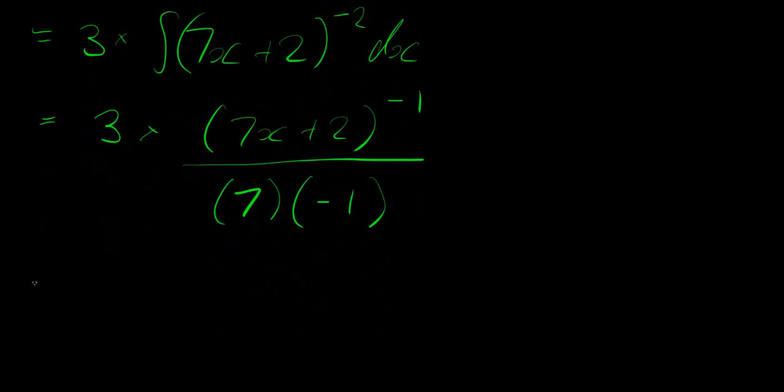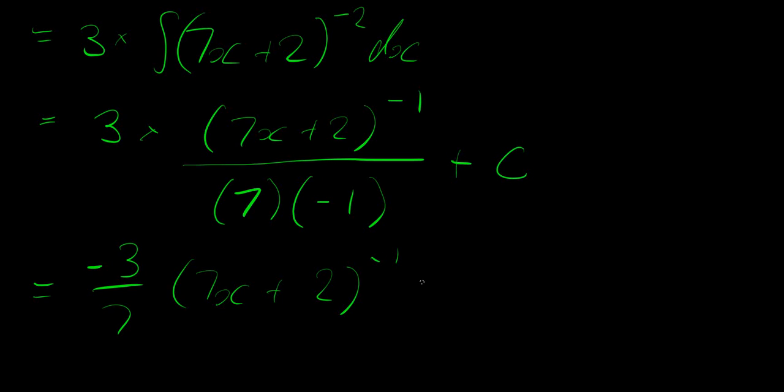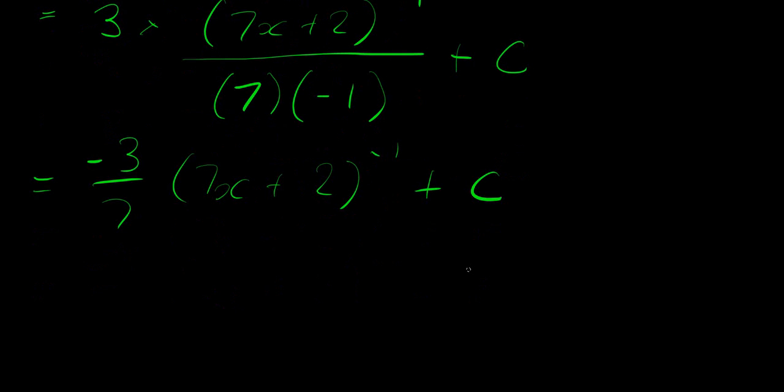Okay, and from here, you can see that this will be simplified down to negative 3 on 7 times 7x plus 2 to the power of negative 1. Of course, if you get rid of the integral sign, we do need to have our c term over here to say that you want to add some sort of constant since it's an indefinite integral.